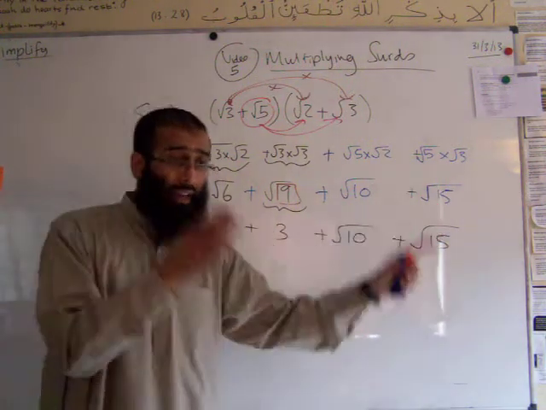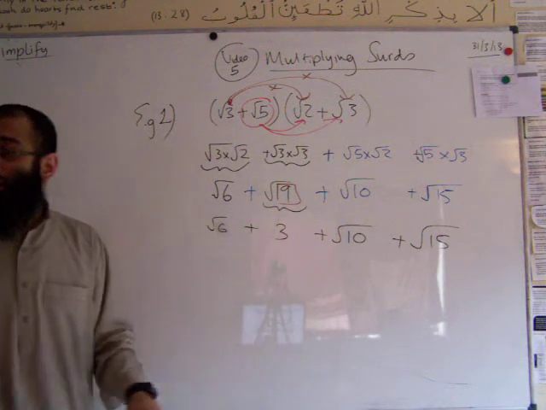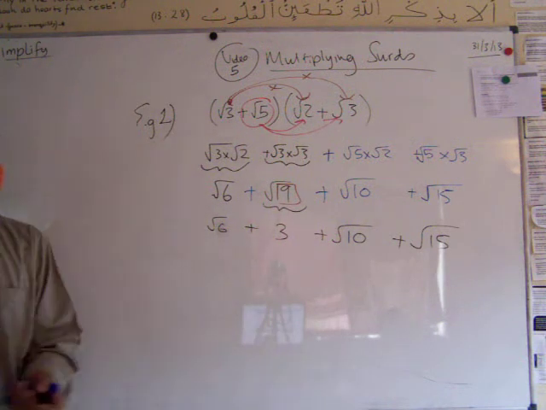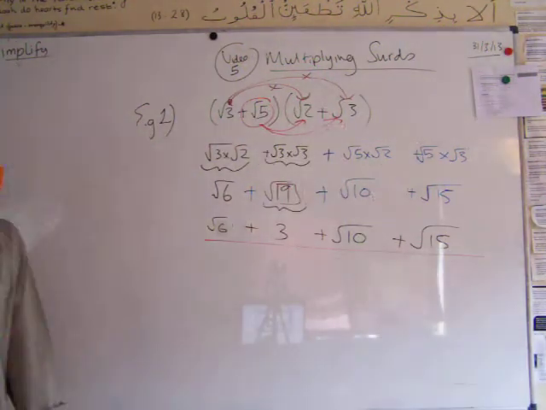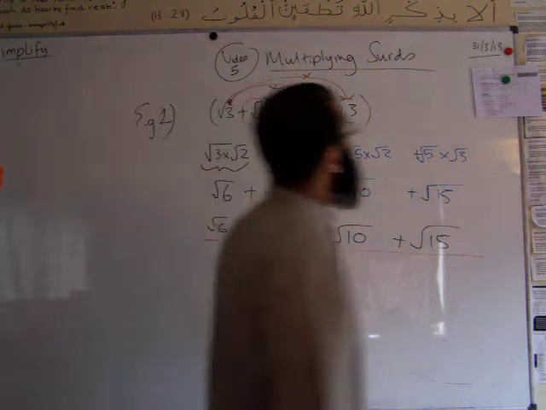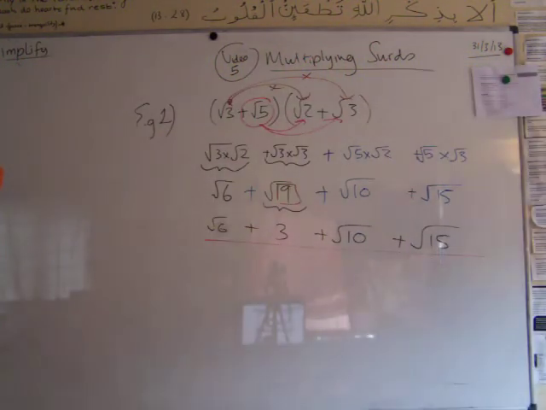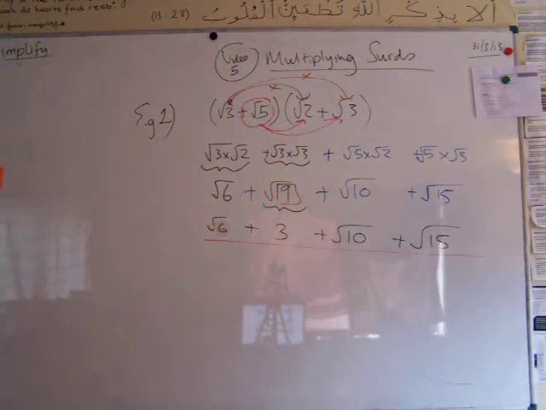Root 15 can be split up into 3 and 5, but that doesn't help. Is that it? That's the answer. It looks a bit long, but that's as simple as that question will get. The 3 can be here or in any position it likes, but that's as simple as we get for that question.